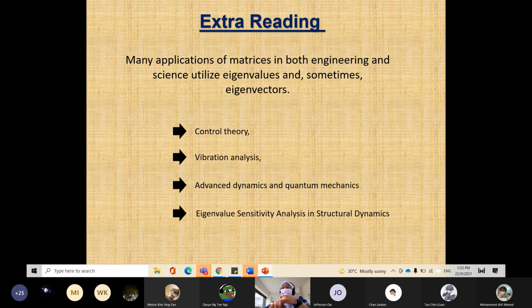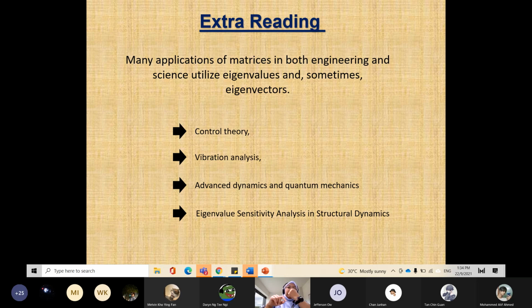You will see later on for the mechanical and mechatronic students, starting from third year, you will learn about control systems. Normally you have vibration systems and damper systems. Mechatronic students also learn about this. You can see that we use eigenvalues and eigenvectors more on this topic.